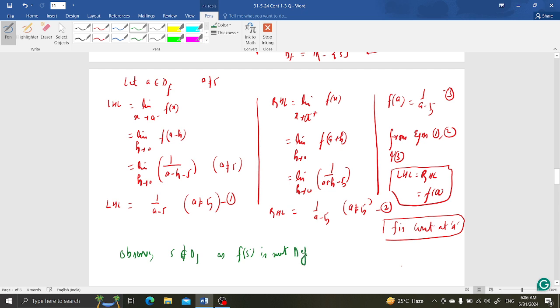To prove that f is continuous at any point we need to use the value at that point also, but here f(5) is not defined, so simply we are saying that f is discontinuous at 5. Why so? Because in continuity we are interested in the function value also, and here we can't find the function value, so hence f is discontinuous.